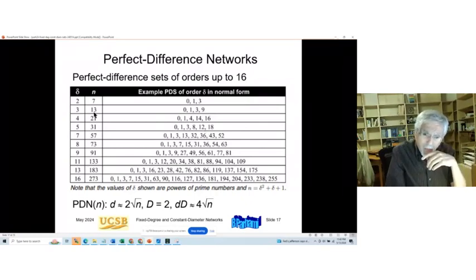And then as I want to build larger networks, I have to get these larger perfect difference sets. So perfect difference networks have a diameter 2, and we know how to synthesize these perfect difference sets that allow us to build such networks.